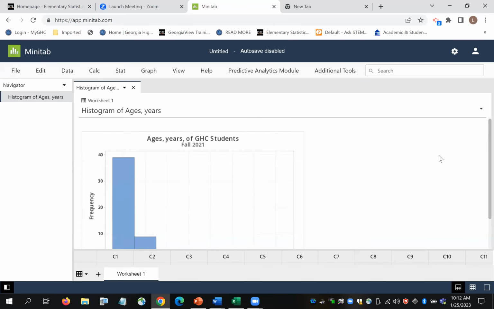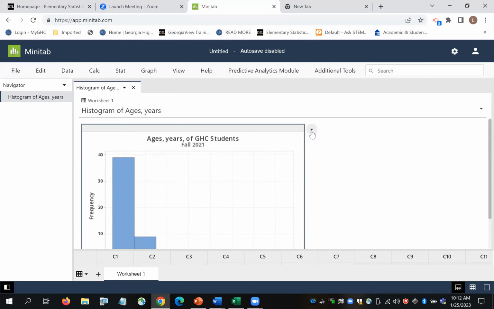For class participation 5 and for other assignments as we go throughout the course, you need to be able to take this graph out of Minitab and put it into a Word document or into a PowerPoint, that sort of thing. Guys, it is just like Word or Excel. It's a copy and paste. So again, I select my graph by clicking in an area around it. Again, you'll notice the dark black or blue lines around it.